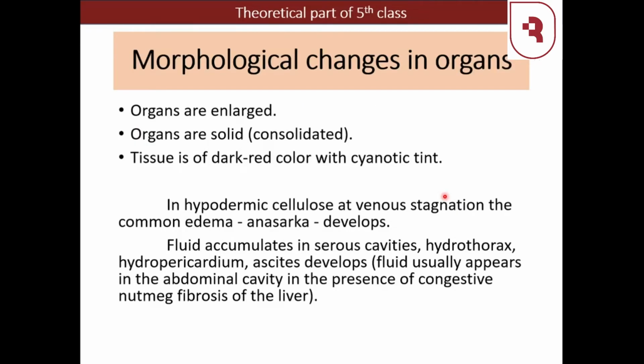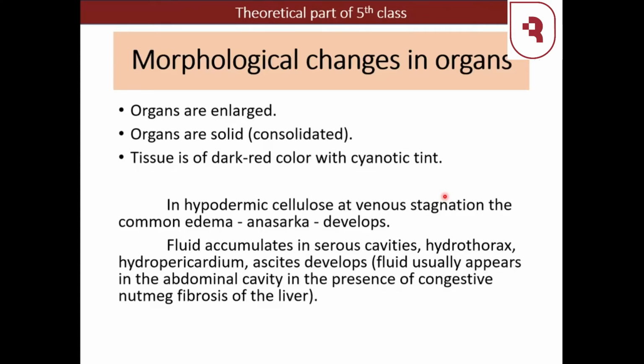Morphological changes in the organs: organs become enlarged. Organs are very solid, because we may see a lot of blood accumulation in them and also development and overgrowth of connective tissue. The tissue is dark red with a cyanotic tint. In the hypodermic cellulose with venous stagnation, we will see common edema, and anasarca develops.